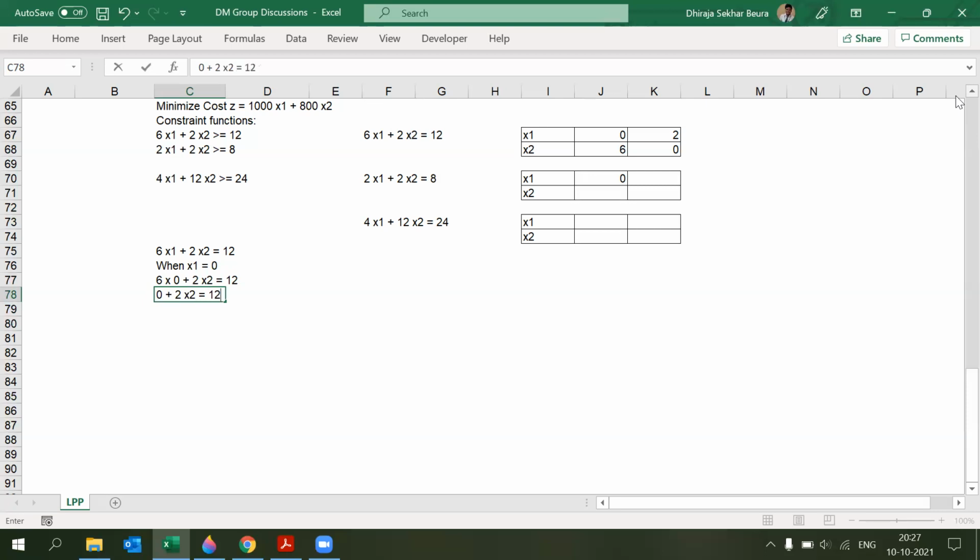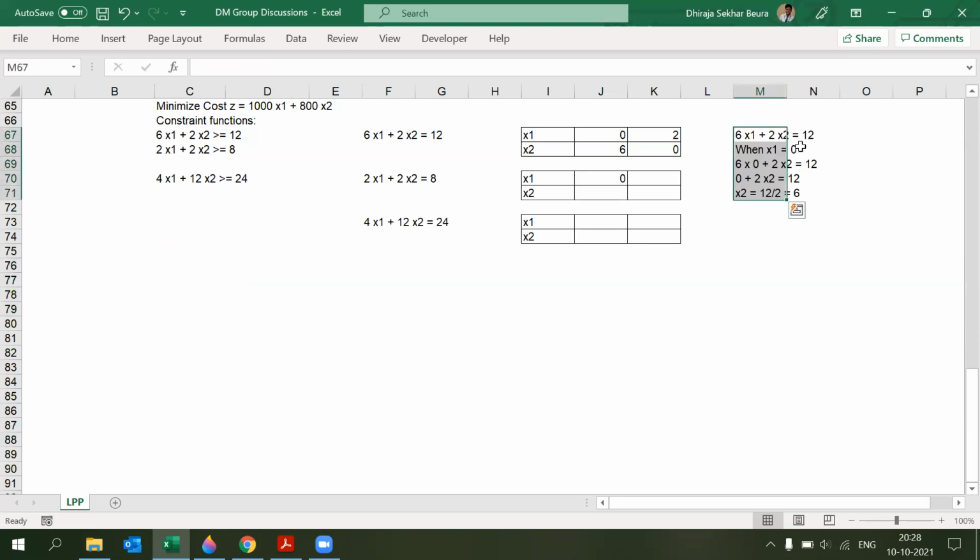I'm skipping all these steps in solving that, so don't get confused. If you are, then we'll discuss in detail. So now it becomes x2 is equal to 12 divided by 2, which is equal to 6. Perfect. So it not necessarily always will be division. It depends on the equation. Solve the equation every time.